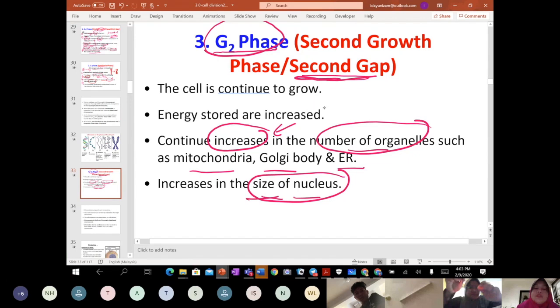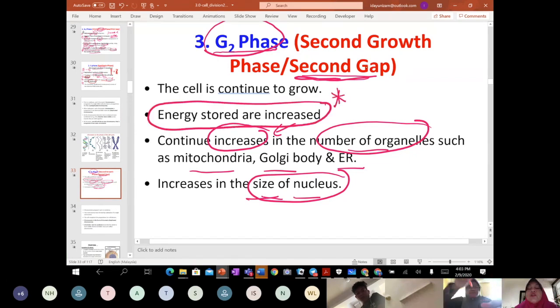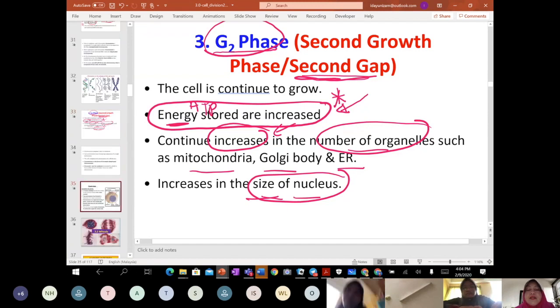And the most important thing for cell division to occur properly is the energy in terms of ATP. When everything is all ready, then the process that we call mitosis will occur.